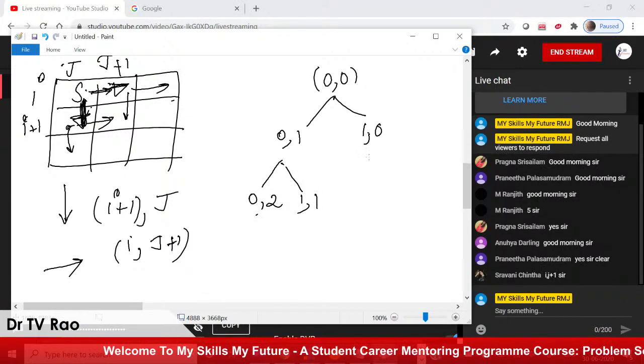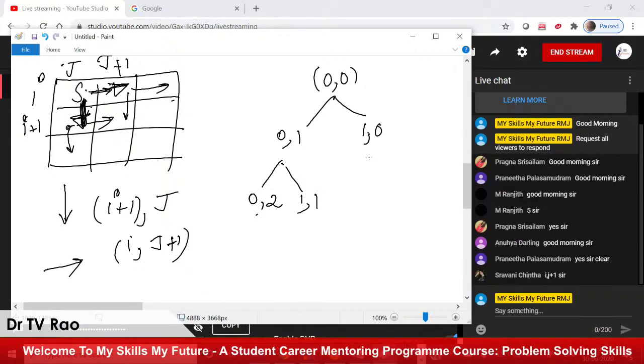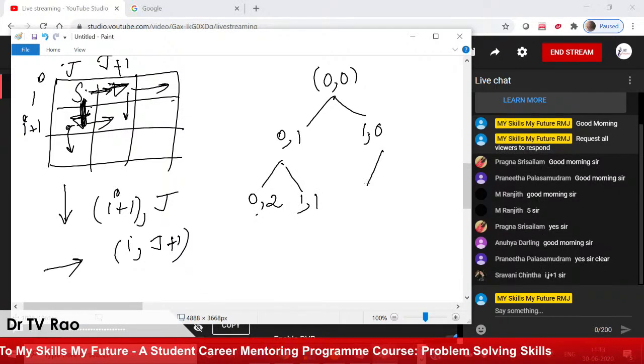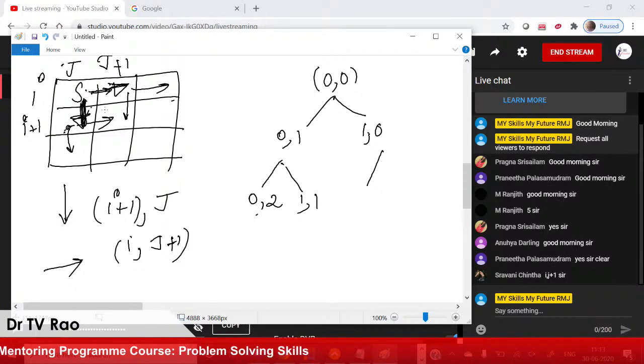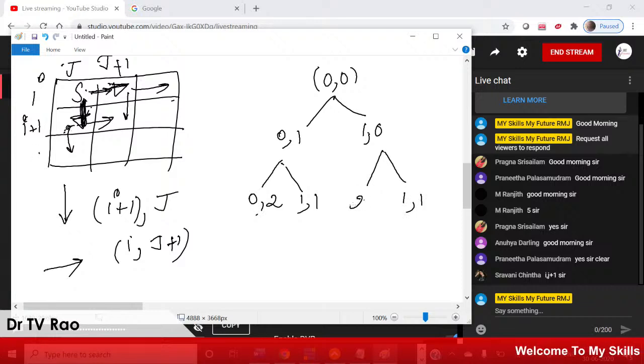Okay, from 1 0 you can go to 1 1, or down, down is 2 0. Okay, is this clear?